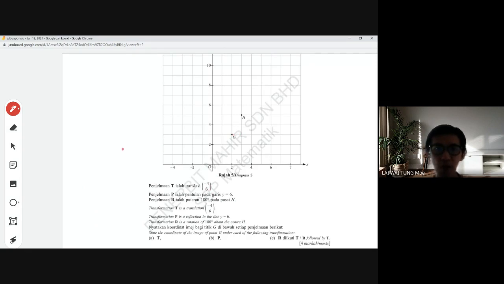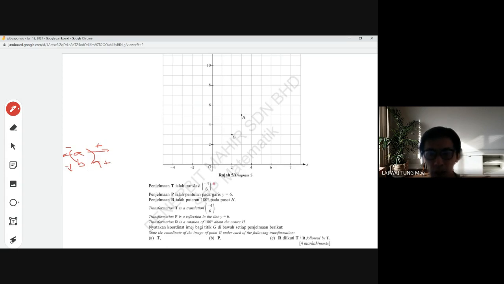For your information, translation we will always write in the form of A and B, where the A part refers to the right hand side or left hand side. If the A value is positive, we go to the right hand side. If the A value is negative, we go to the left hand side. And for B, it either goes up or goes down. If the B value is positive, it goes up, and if the B value is negative, it goes down.